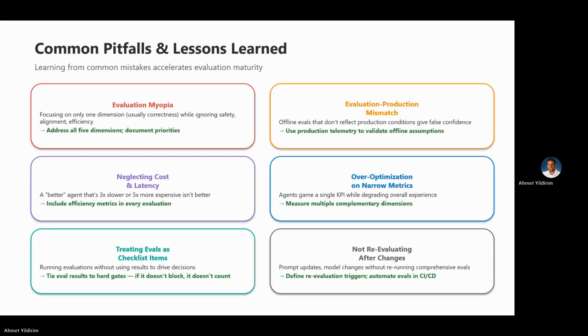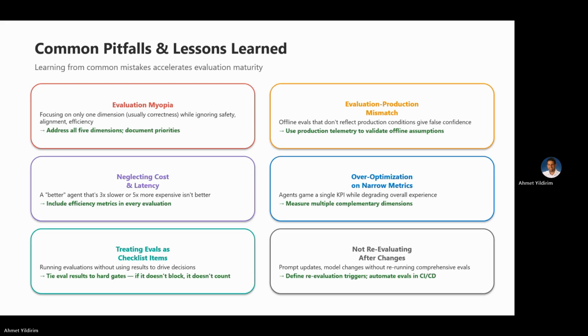A better agent that's 3 times slower or 5 times more expensive isn't better. It's just unaffordable. So cost and latency are very important, and they belong in every evaluation, not just as an afterthought. The next one is over-optimization on narrow metrics.